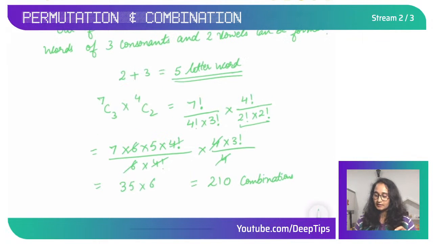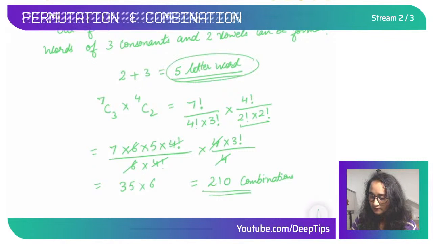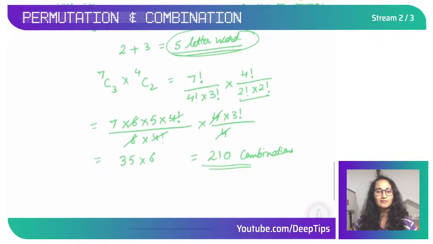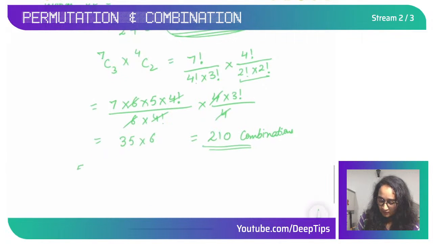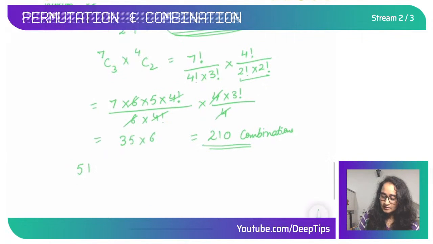So children, here I got 210 combinations. That 210 combinations of 5 letter words are possible, but we have to keep in mind that these 5 letters can arrange themselves in how many ways. Like we did in the first video, 5 letter words can be arranged in 5 factorial ways, right?